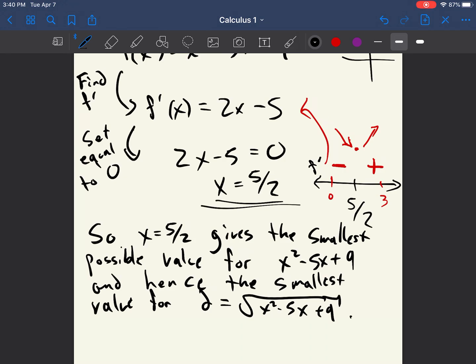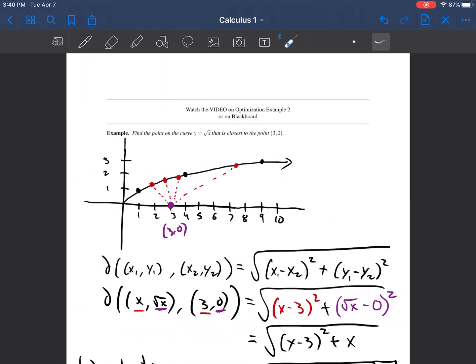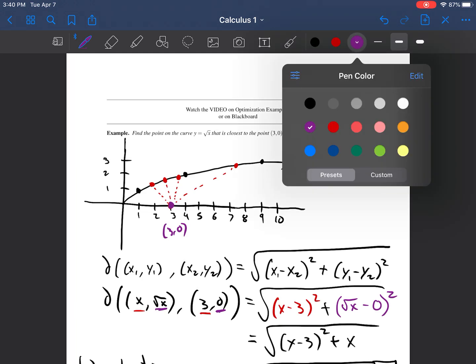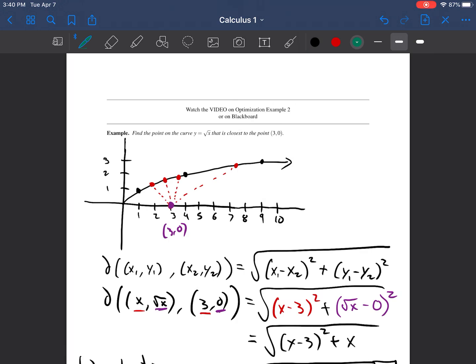So if we think about it, this x equals 5 over 2 is our answer, right? So that's telling us that if we look back at our graph over here, when we look at x equals 5 over 2, so maybe do that in green here. So x equals 5 over 2. That's actually 2.5, so that's right here.